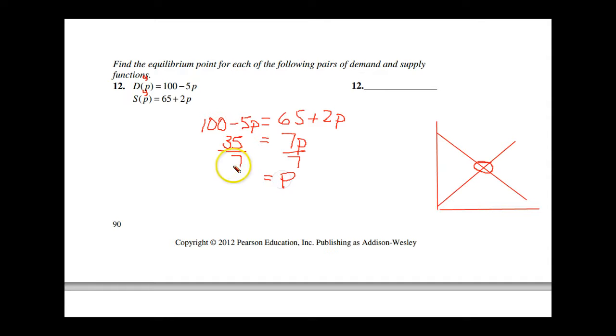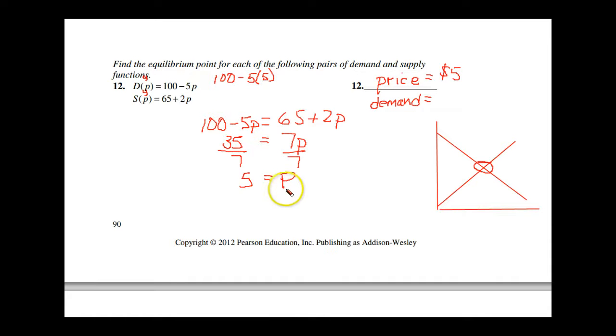I get p equals, so the price will be $5. And what will the demand be? Well, we know that p is 5, so we put a 5 right where the p is. So this will be 100 minus 5 times 5.